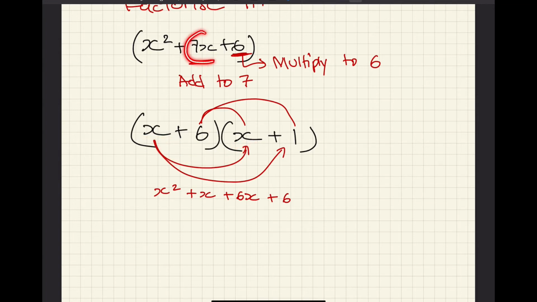The reason why the middle number needs to add up to 7 is because what we're doing is adding up 6 times x plus 1x. So we're taking into account the fact that x has to multiply by 1 and 6 has to multiply by x.